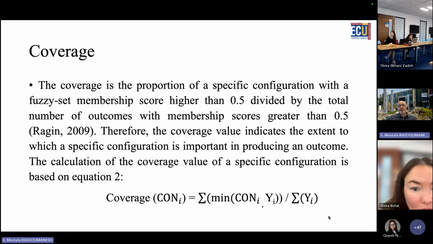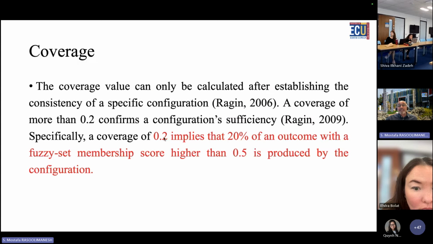And for fuzzy, the coverage is calculated based on this formula, and the coverage should be higher than 0.2, means at least 20% of cases that led to high level of outcome come from this specific combination of factors.